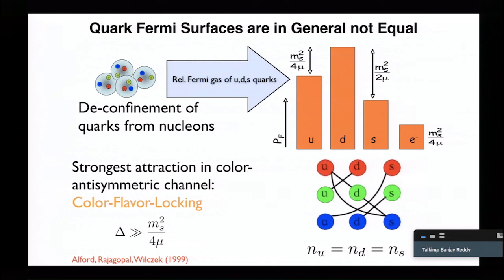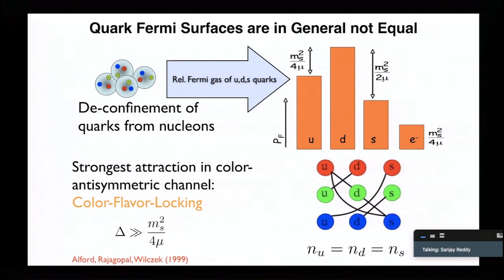If the gap is less than 100 MeV, like 50 MeV, then it is likely to be in some other state of matter in which some of the quarks pair, but not all of them. You can look at this figure here: when the gap is large compared to the strange quark mass squared divided by 4 mu, then CFL is robust.